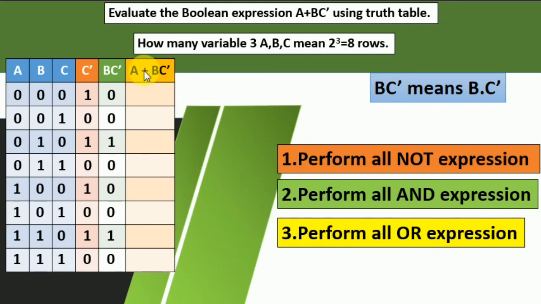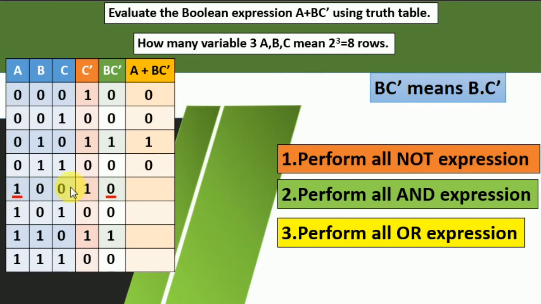That means 0 or 0 is 0. 0 or 0 is going to be 0. 0 and 1, this is false, this is true, result is going to be 1. Now 0 or 0 is 0, false or false is false in case of OR. Now 1 means true, 0 means false.